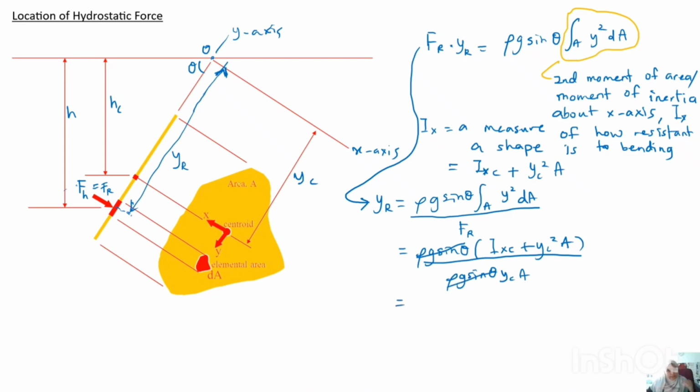So you can see that what you get here is Ixc divided by yc A, plus yc. So you get yc.